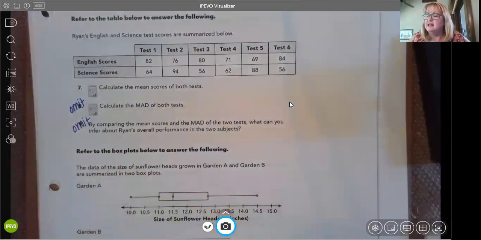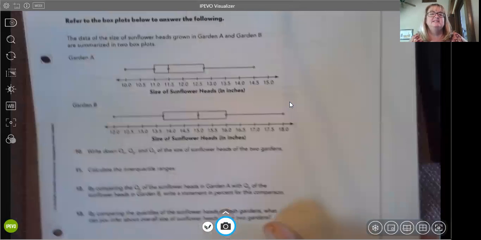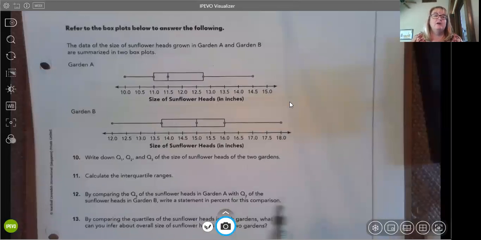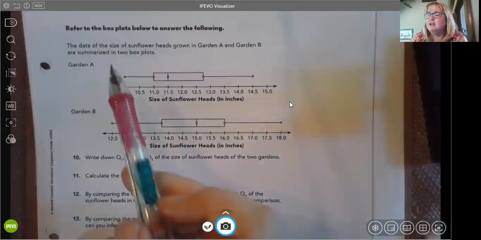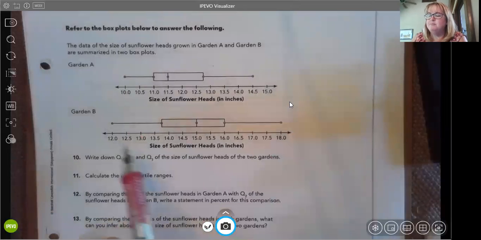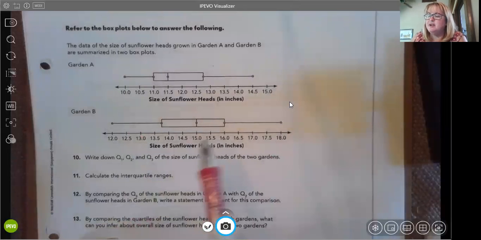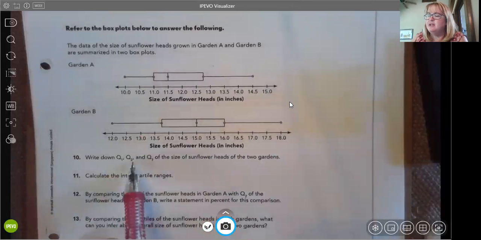All right. The last one says the data of the size of sunflower heads grown in Garden A and Garden B are summarized in the 2 box plots. So you've got Garden A, you've got Garden B, and then it says write down Q1, Q2, Q3 of the size of sunflower in the 2 gardens.